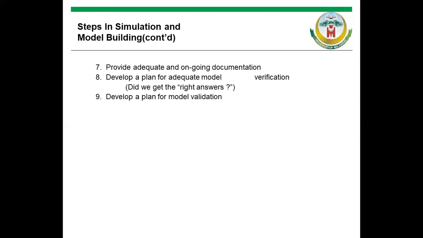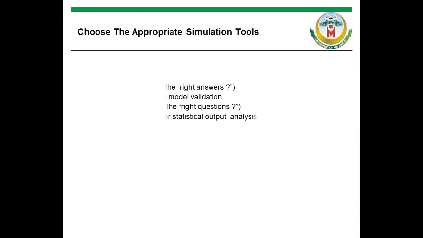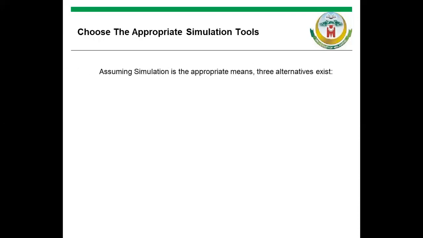We also have to do model validation. What does model validation mean? Model validation means: do we ask the right questions? And develop a plan for statistical output analysis. Now, choosing the appropriate simulation tools. Assuming simulation is the appropriate means, three alternatives exist.